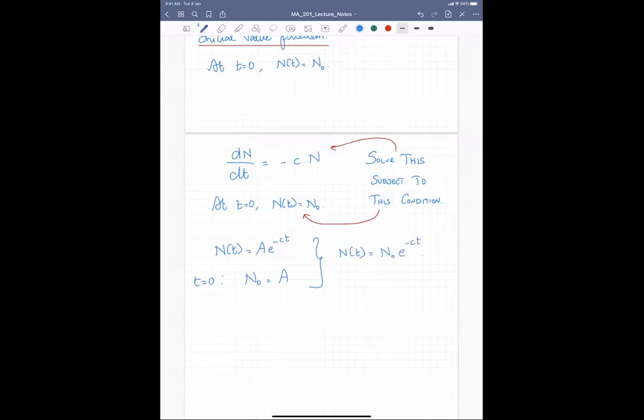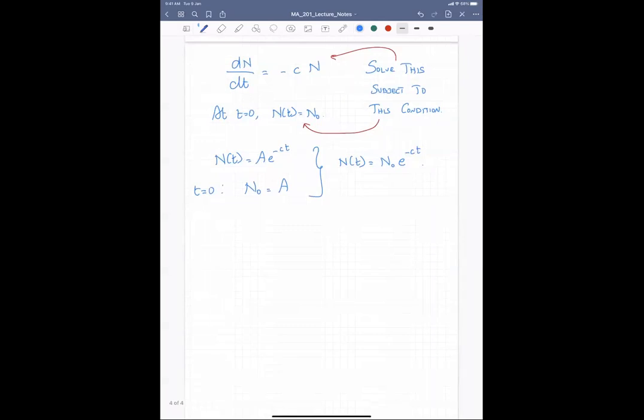Now the question is, is this correct or wrong? For example, I can as well model this system by claiming that dn dt is proportional to, look, I know that it has to decrease, so there'll be some negative sign present, maybe. But why should it decrease proportional to n?